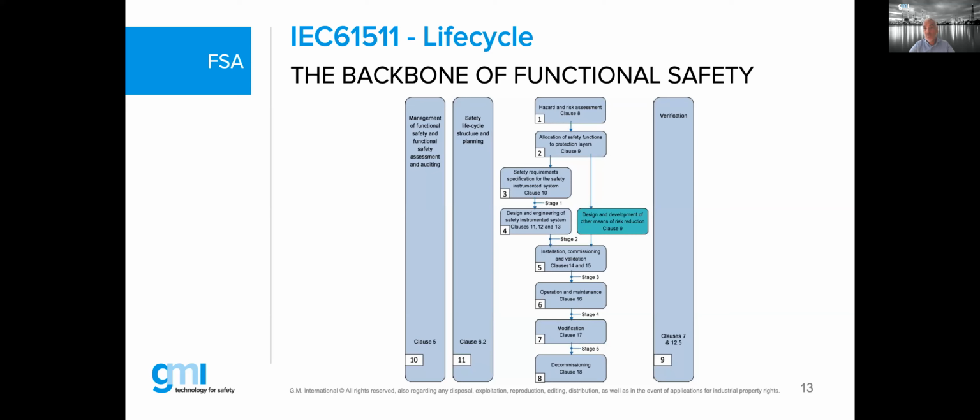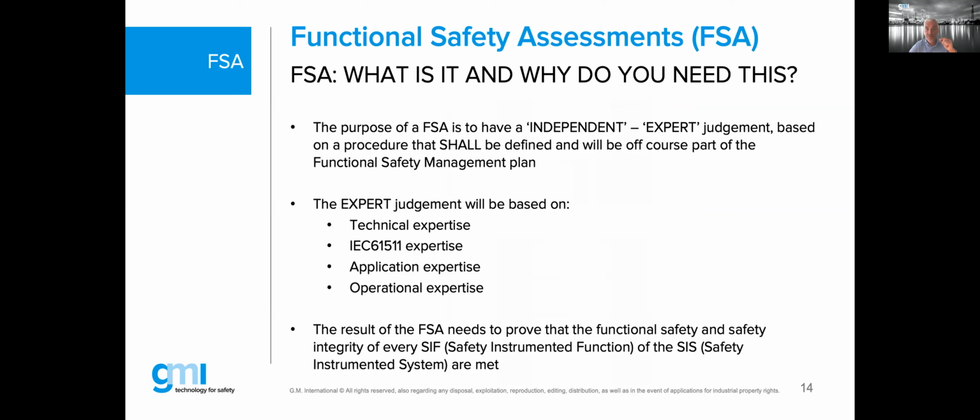I am trying to give you practical hints per stage 1, 2, 3, 4, and 5, because we have 5 stages, and every single stage is a normative requirement as per edition 2. When I say edition 2, that was released in 2016. If some people, because I've seen some names coming in from the USA, that is for you the ISA 61511, which has been approved in September 2018. But it's the same reference of the IEC 61511.